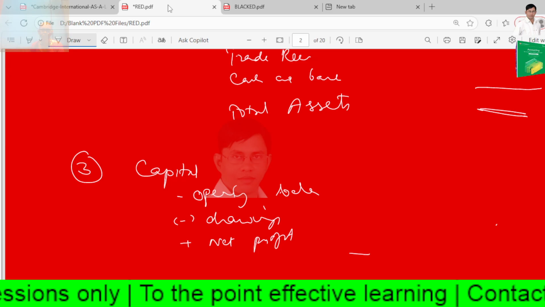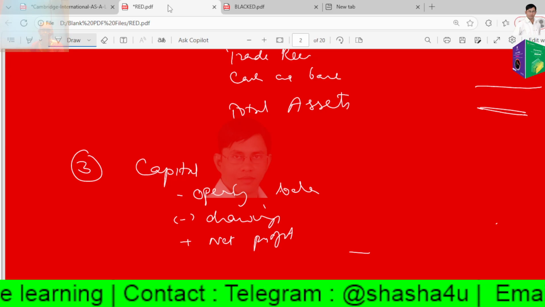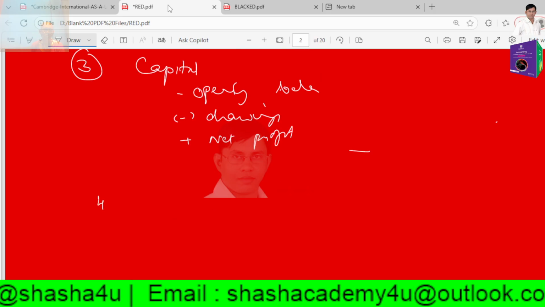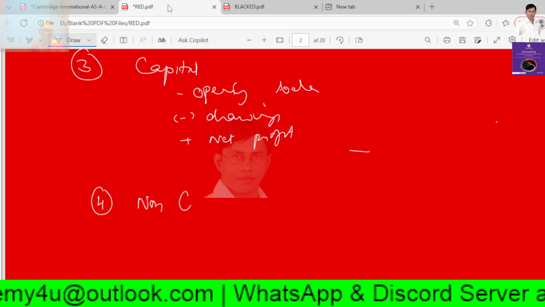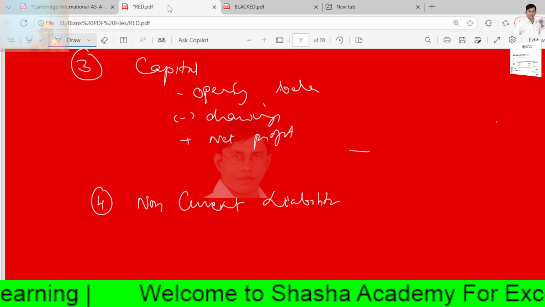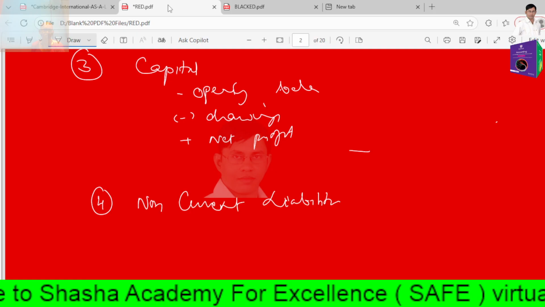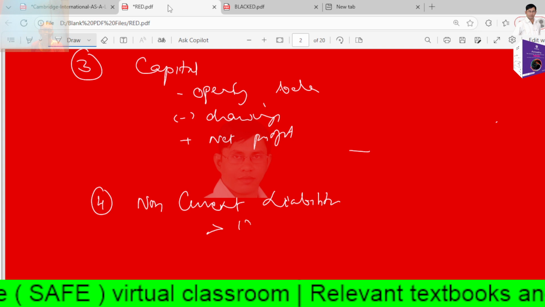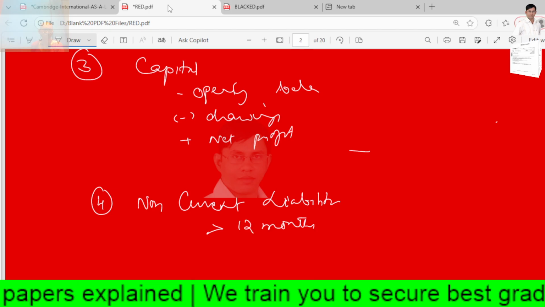Then the fourth line item, non-current liabilities. These are liabilities which are payable after more than 12 months. So the outstanding date is important.